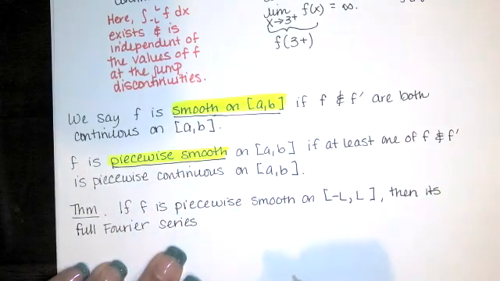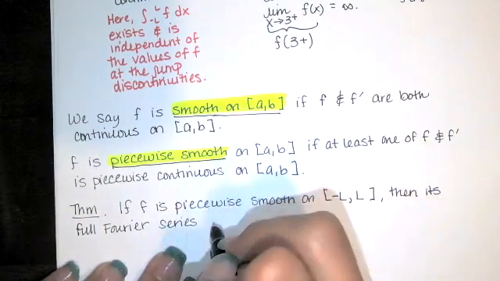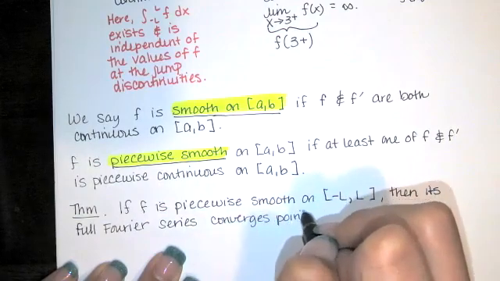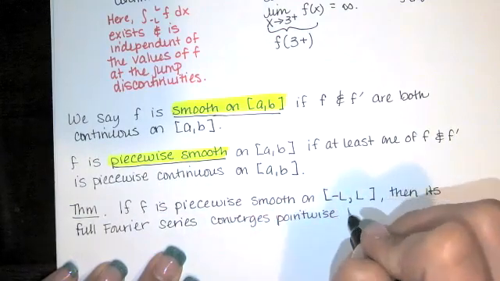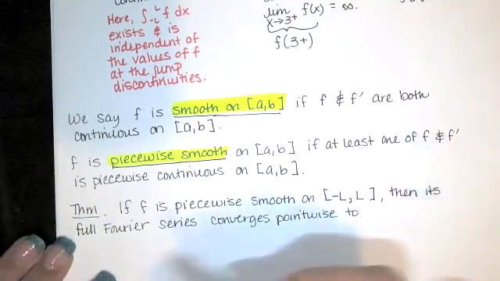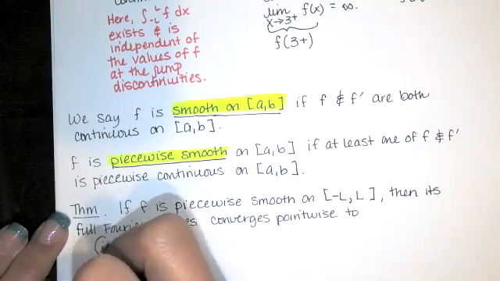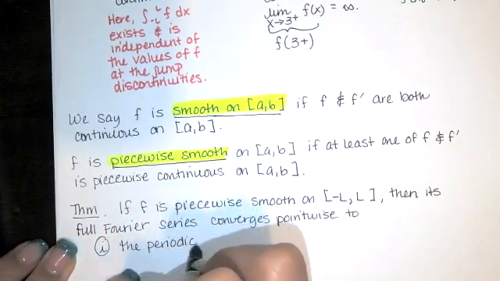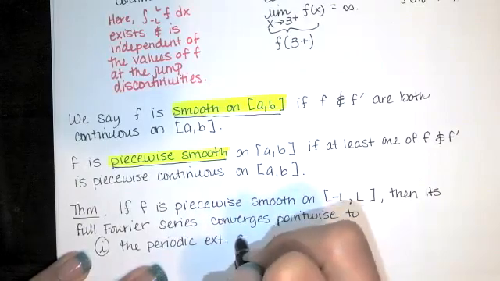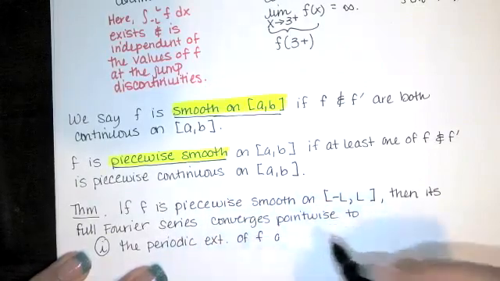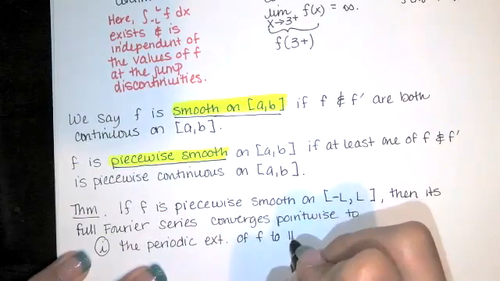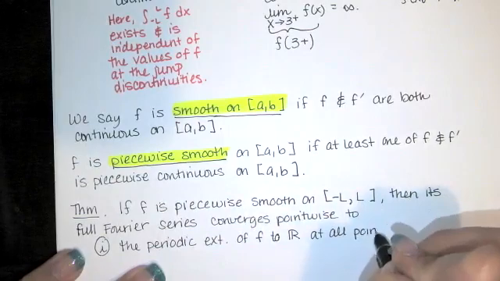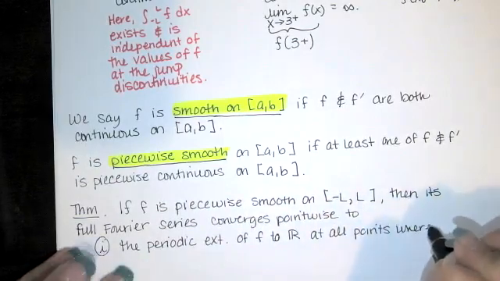if it's piecewise smooth on that interval from -L to L, the series we talked about converges pointwise to, first of all, the periodic extension of f to the real numbers at all points where f is continuous.